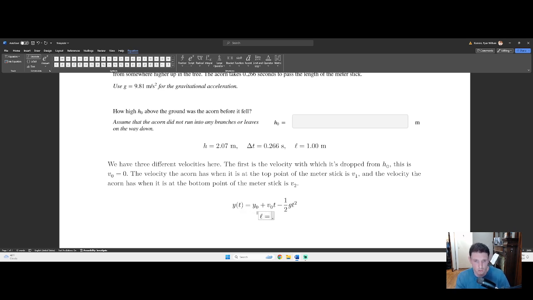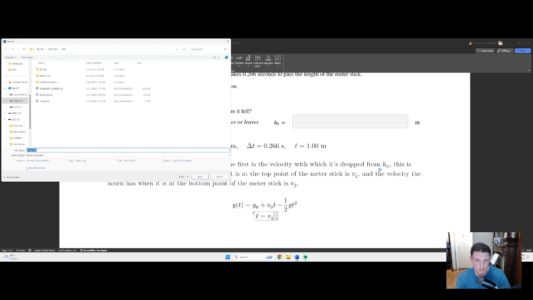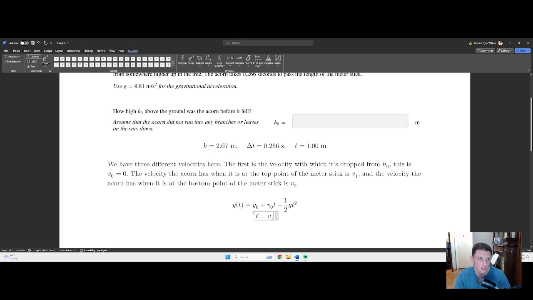And this equals the initial speed that the acorn has at the top of the meter stick, v1 delta t, to be as consistent as I can with my notation. And then I'm going to put a plus sign here, and this is probably what might mess people up. I'm going to say plus 1/2 g delta t squared.